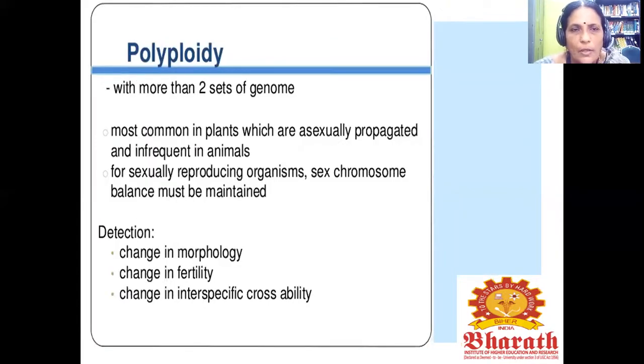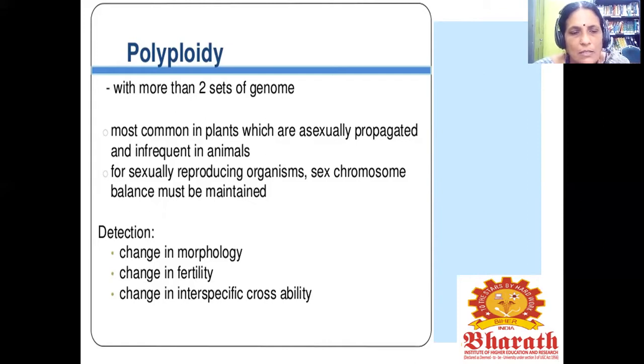And next time, polyploidy. That is, having more than two sets of genomes. It is most common in plants which are asexually propagated and infrequent in animals. For sexually reproducing organisms, sex chromosome balance must be maintained.